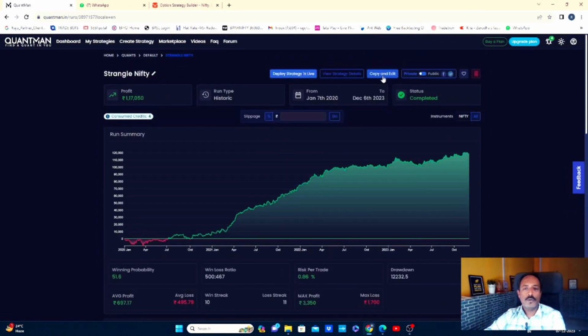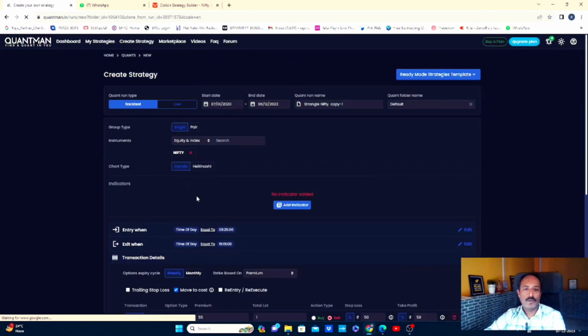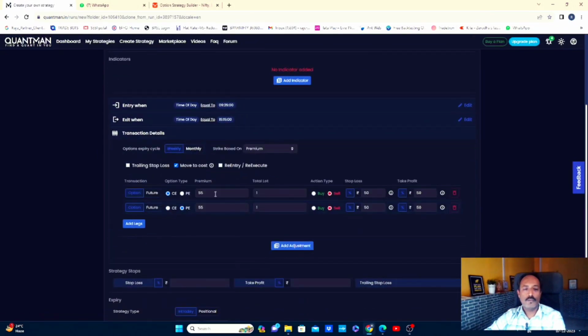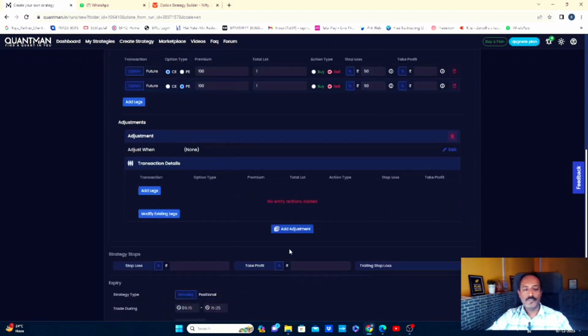So if you want to copy and edit, if you want to make any changes, let's see for 100 rupees premium and 100 rupees premium. Okay, and adjust it. 100 rupees premium, let's not take the profit, let's adjust it. Adjustment also you can do here, add adjustment.